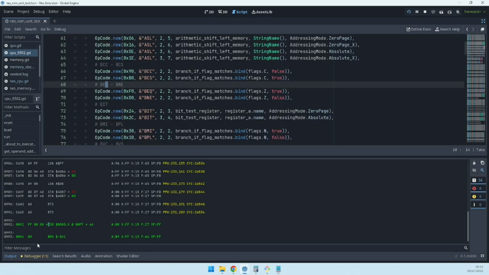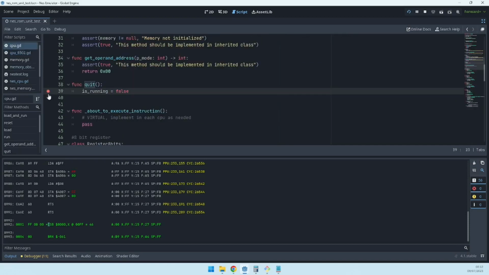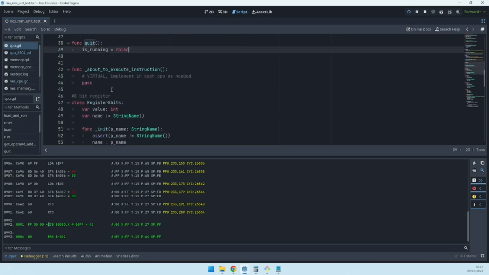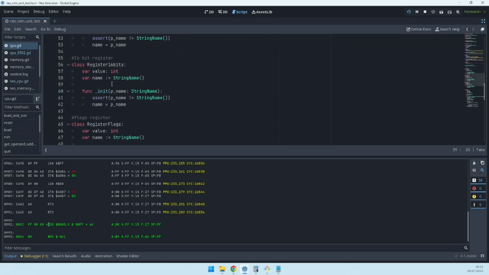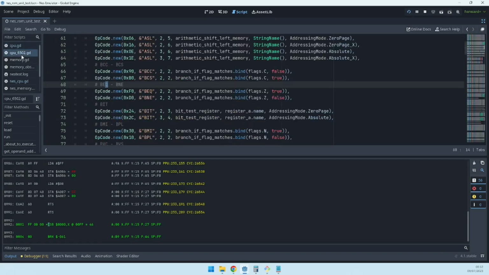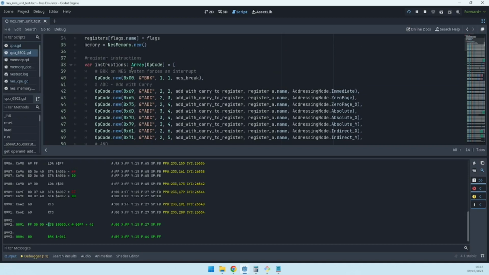Why did it not run the breakpoint? What if I search for run?